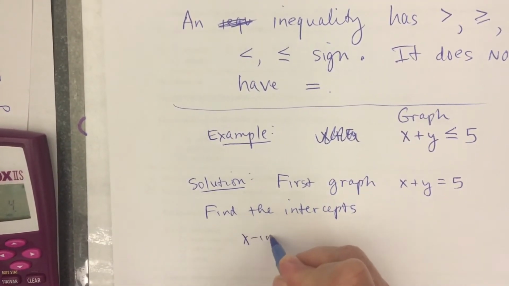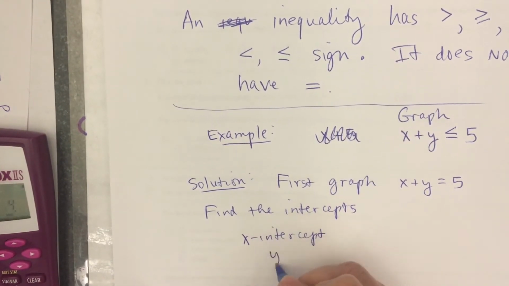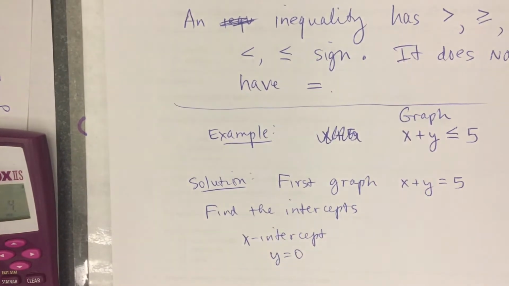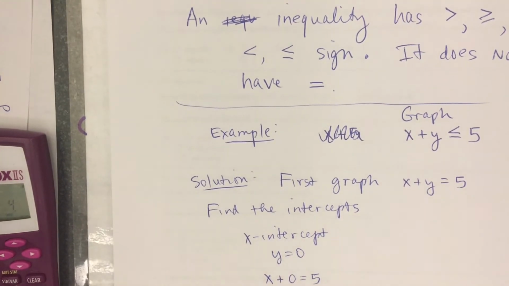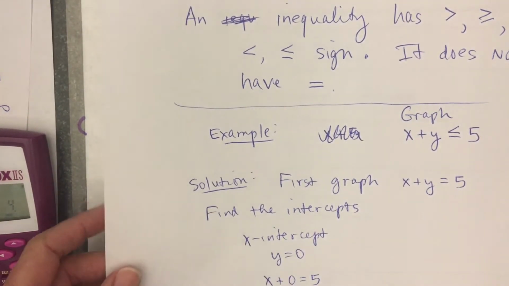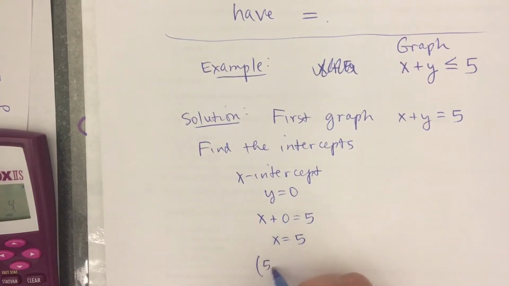The x-intercept, I'll do y equals 0. So x plus 0 equals 5, x equals 5. This gives me an ordered pair, 5, 0.